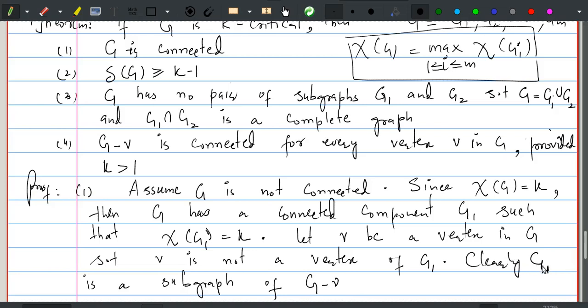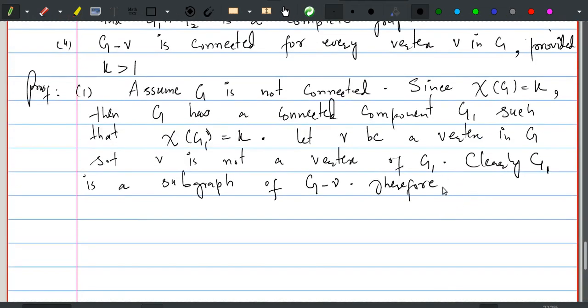Therefore the chromatic number of G minus V is equal to the chromatic number of G1, which is equal to k.